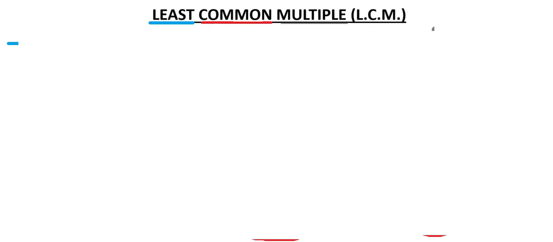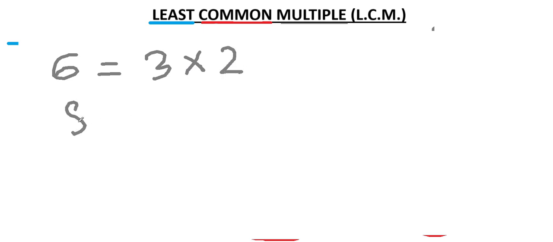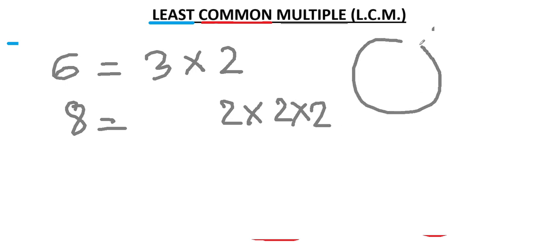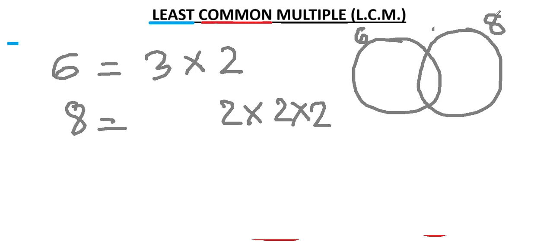Now, what is the next method of finding the LCM? The next method is a diagram method. 6 is equal to 3 times 2 and 8 is equal to 2 times 2 times 2. Doing the diagram, I have inside this circle all the factors of 6, so I have 3 times 2, right? And inside this circle, I will have the factors of 8.